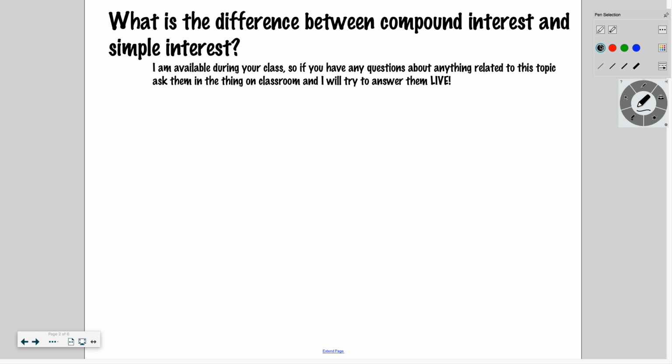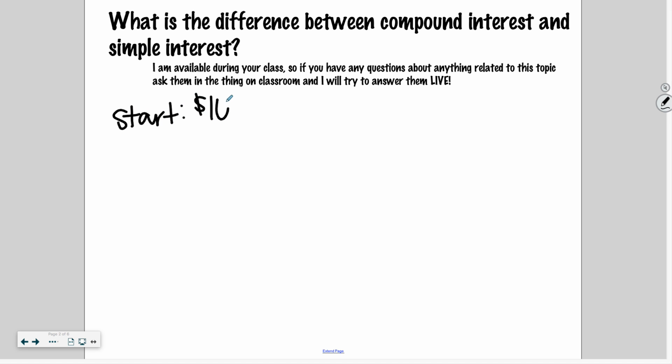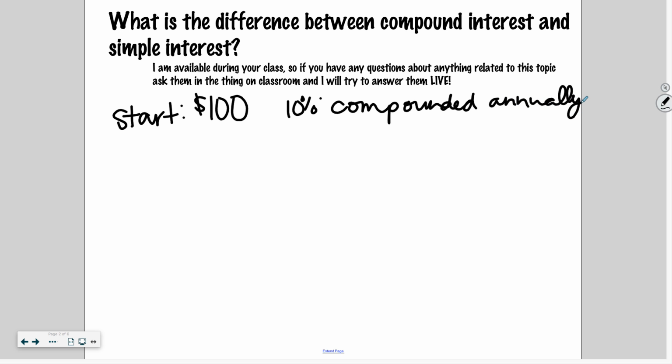So for example, if I start with $100 in my bank account and 10% compounded annually, that means I'm going to make 10% on it every year. But instead of doing 10% of 100 every year, it's going to get me 10% of whatever is in my bank account.